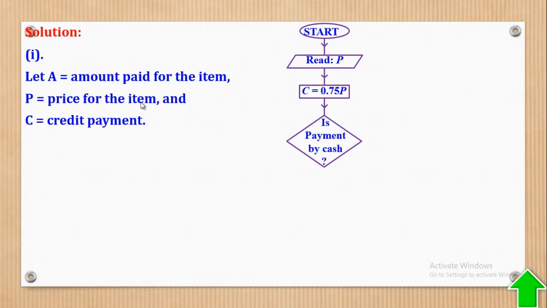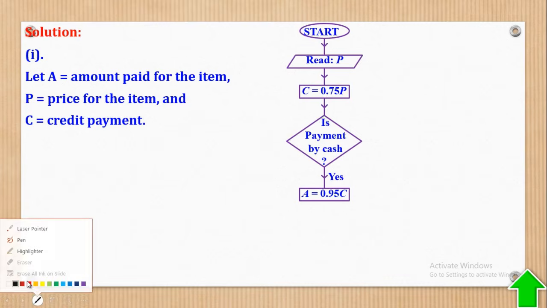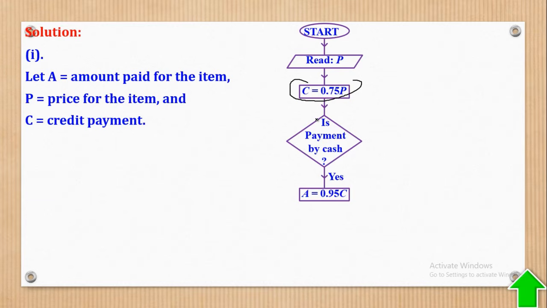Then from there you have to ask yourself, is payment by cash? So if payment is by cash, you are given another discount of 5%, but that 5% is deducted from this new price. That is why 100 minus 5 gives you 95. So 95% is 0.95.